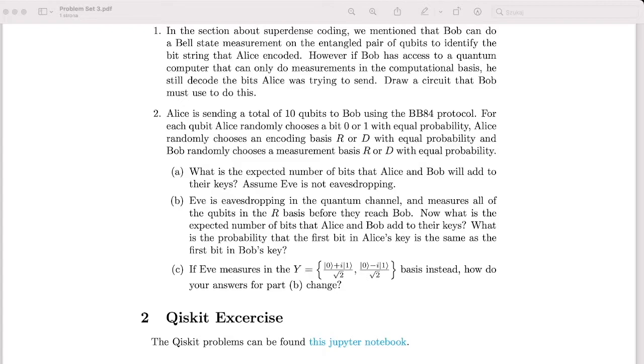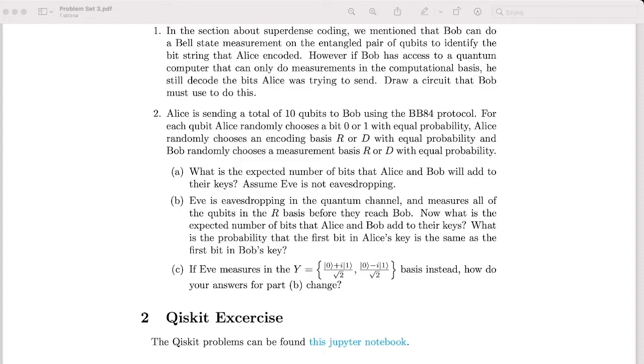A computational one, which is called R in this context, or the one containing plus and minus states, which is called D here, with equal probability. And Bob randomly chooses a measurement basis, one of the same ones, R or D, also with equal probability.